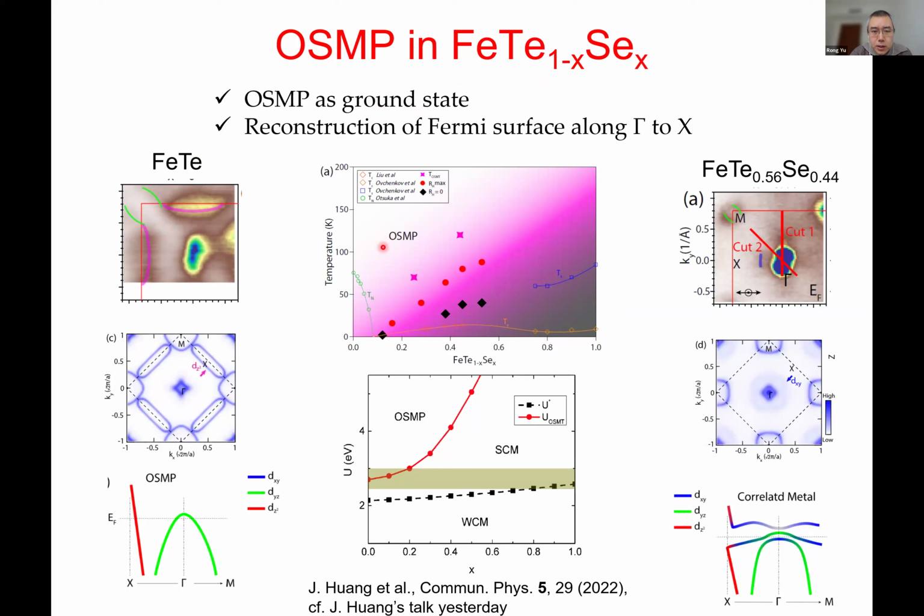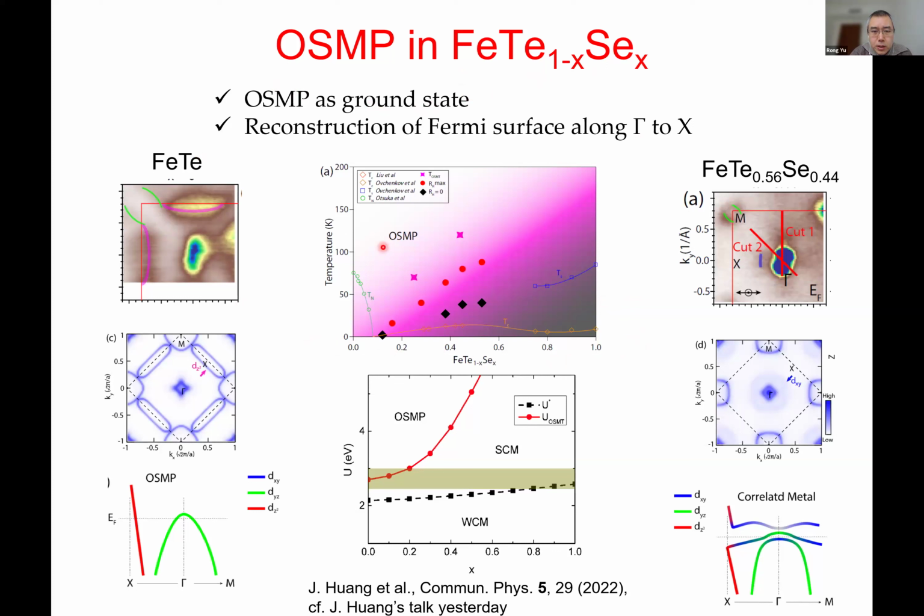Xingjiang Zhou's group. In the optical conductivity measurement, they find a substantially suppressed Drude weight, and the corresponding experimental kinetic energy of the electrons is reduced by a factor of 10 compared to the band theory value. In the ARPES measurement, they find that the system contains multiple sheets of Fermi pockets with different orbital characters, so this is indeed a multi-orbital system.